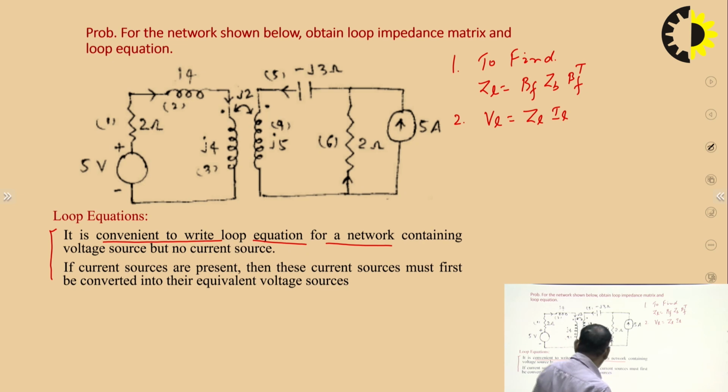But if current sources are present in a given network, what we will do is convert these current sources into their equivalent voltage sources, and then go for the loop analysis. What are the steps?